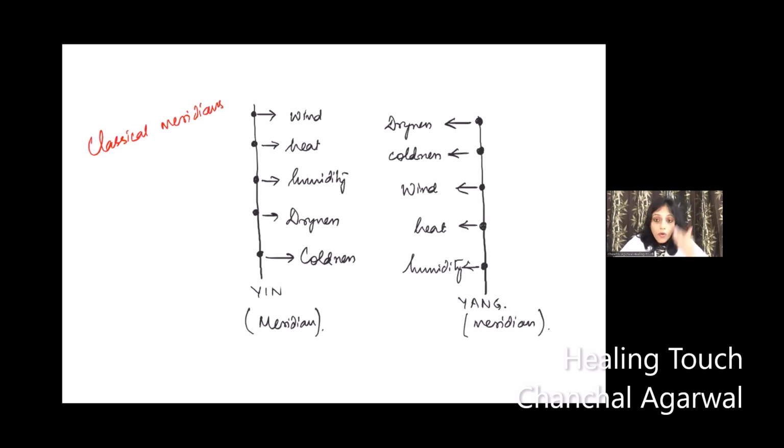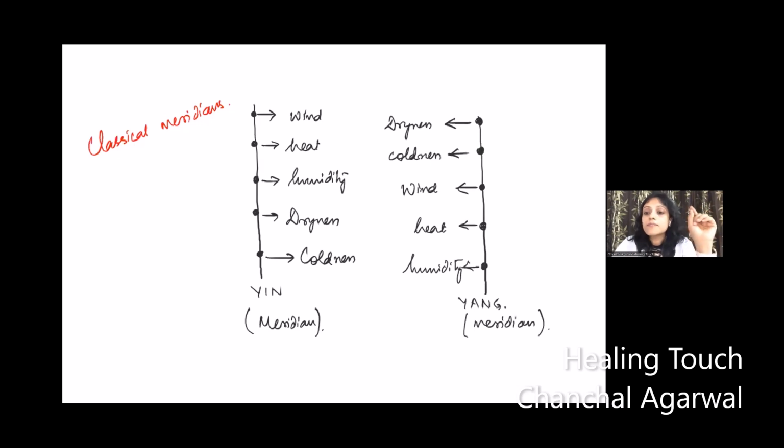You go to any part of the world, and wherever they are putting needles, seeds, color or magnet, whatever they are using to treat, they are putting it directly on the body. That is called classical meridian.